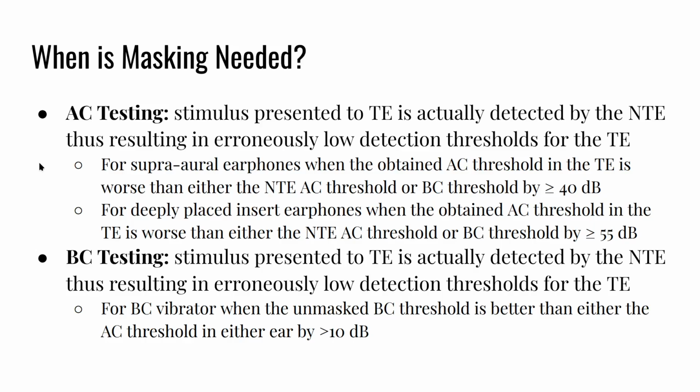For supraoral earphones, when the obtained air conduction threshold in the test ear is worse than either the non-test ear air conduction threshold or the bone conduction threshold, unmasked or masked in the non-test ear, by at least 40 dB, that's when we need a mask for supraoral or circumoral earphones. Or for shallow inserts for that matter.